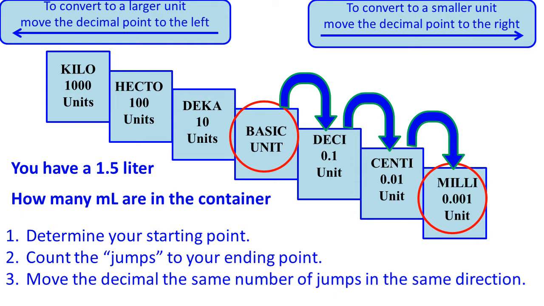Now we write that number that we have, which is 1.5 liters, and move the decimal point in that number in the same direction, the same number of jumps. We are moving 3 steps to the right. 1, okay, we ran out of room. If there isn't room in the number, add a 0 where you need it to continue. 2, add another 0. 3. Our 1.5 liters is the same as 1,500 milliliters.